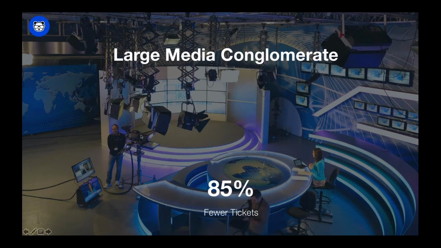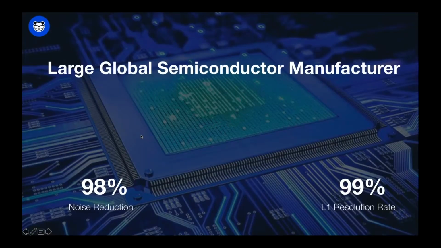The second example we have is a large global semiconductor manufacturer. It's a Fortune 500 company, one of the largest firms in the world. And this organization had three global NOCs, which basically had a follow the sun model.